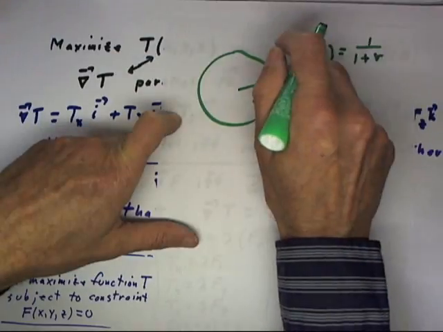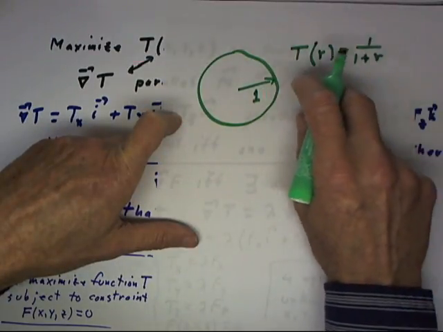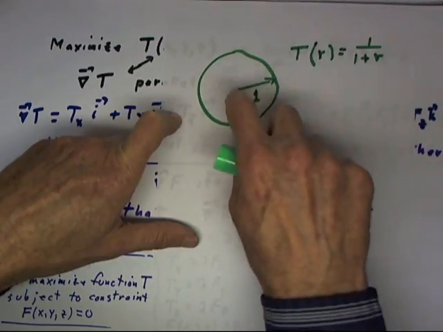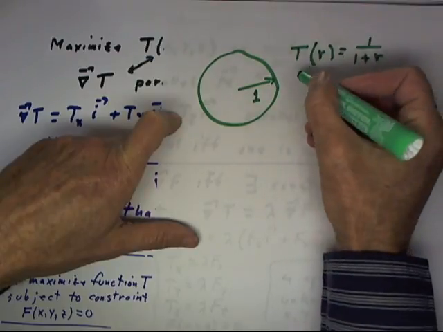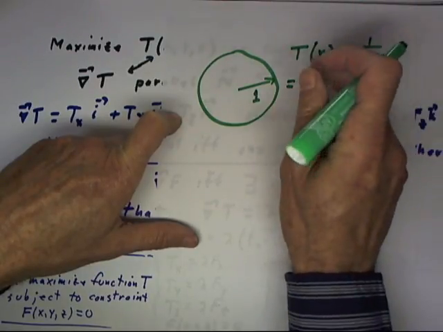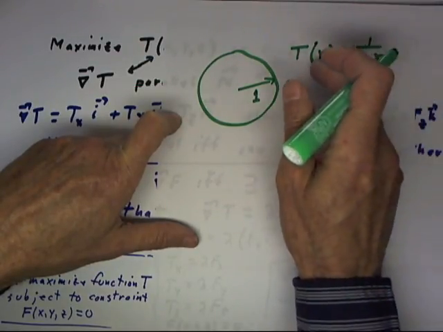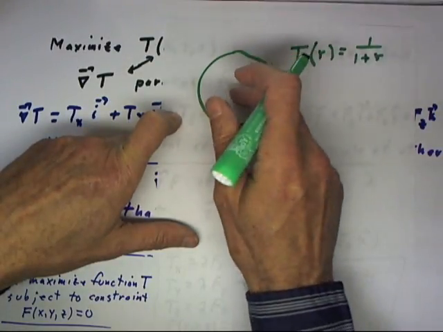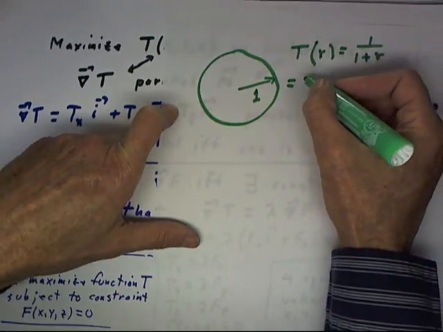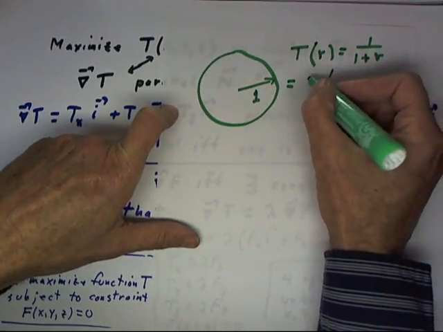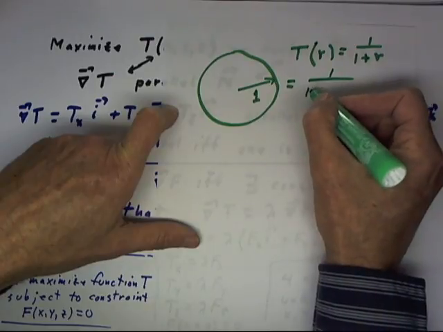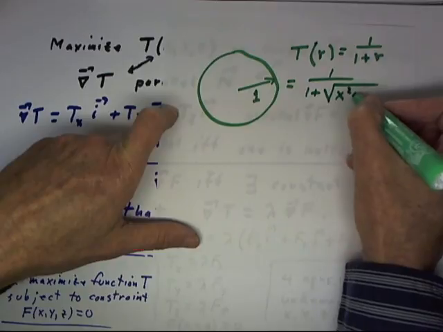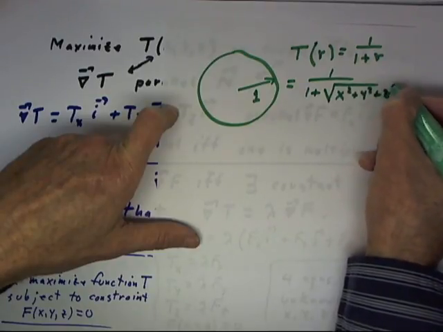Now, we probably don't want to do our partial derivatives in coordinates where r is one of our coordinates. So we're going to do this in x, y, z coordinates, and let's just assume the center is at the origin, so that r is the square root of x squared plus y squared plus z squared.